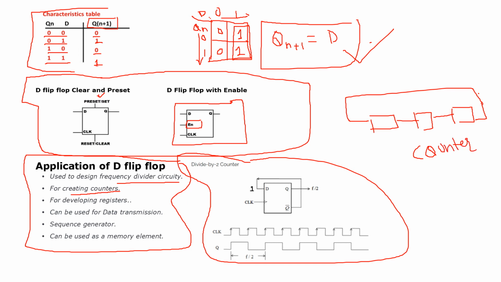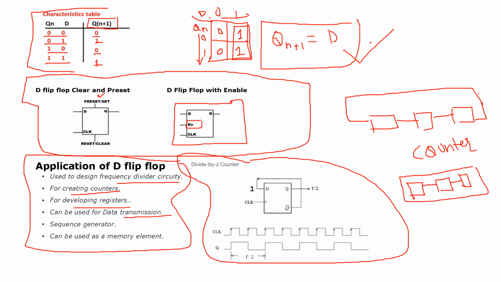It can be used for developing registers. Shift register, of course, comes to my mind. The output of one will be connected to the input of the other, so in this way you can develop a shift register. It can also be used for data transmission.